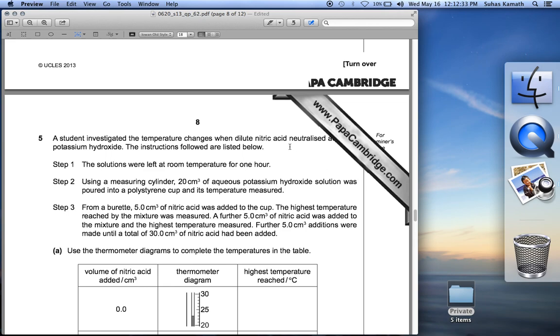Using a measuring cylinder, 20 cm³ of aqueous potassium hydroxide was poured into a polystyrene cup and its temperature is measured. From a burette, 5.0 cm³ of nitric acid was added to the cup. The highest temperature reached by the mixture was measured. A further 5.0 cm³ of nitric acid was added to the mixture and the highest temperature measured.